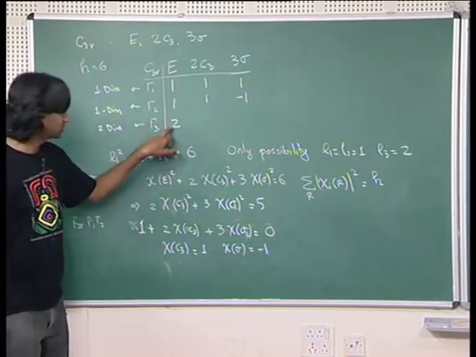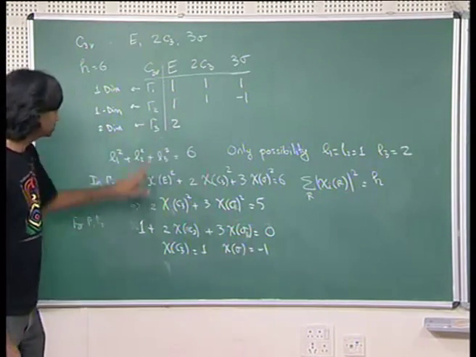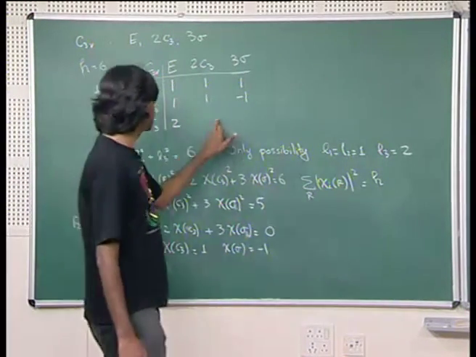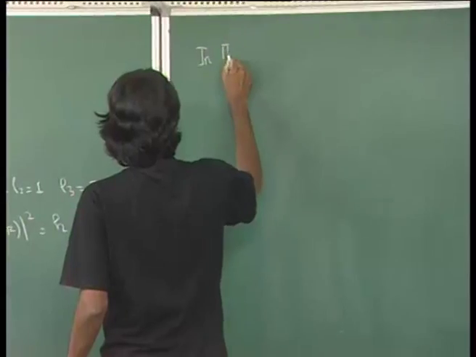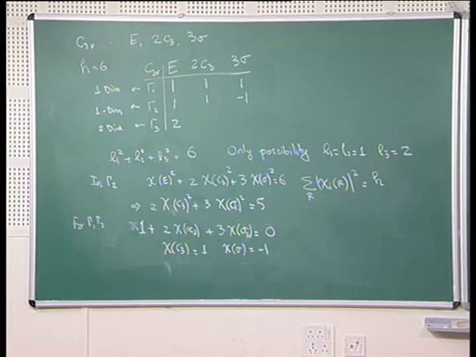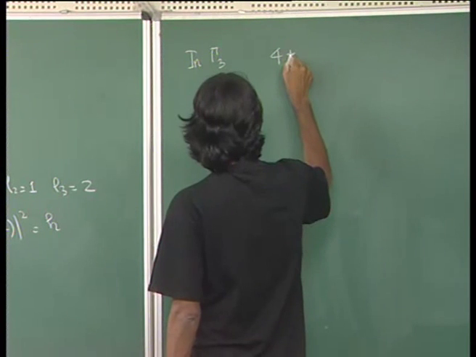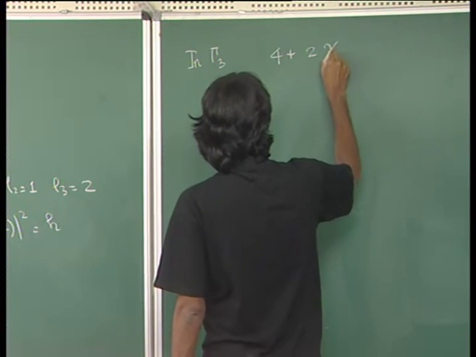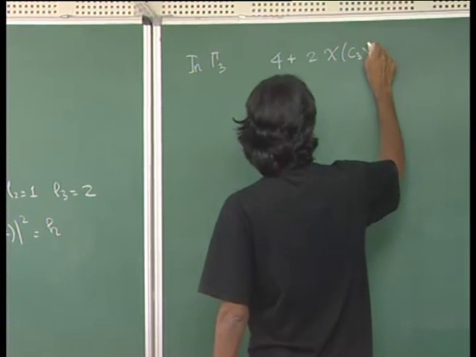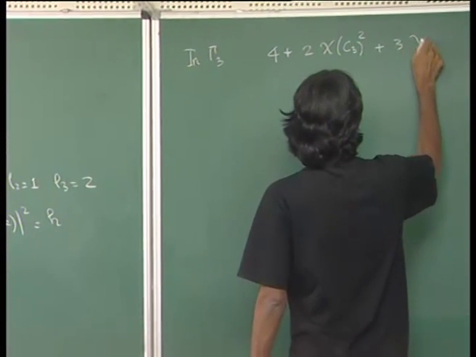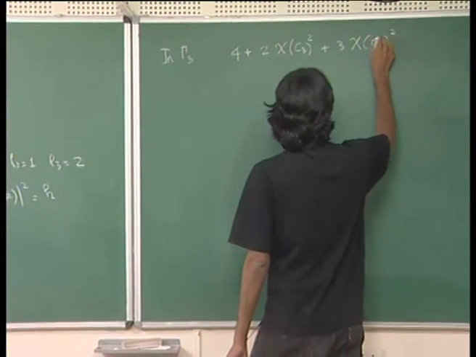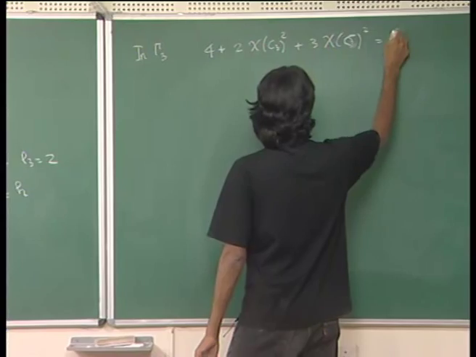What about this condition? How do you determine these two? So, let us look at gamma 3. In gamma 3 we have chi of E square is 4 plus 2 chi of C 3 square plus 3 chi of C 2 or sigma square is equal to 6.